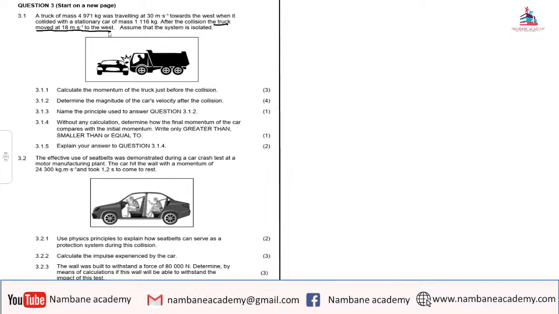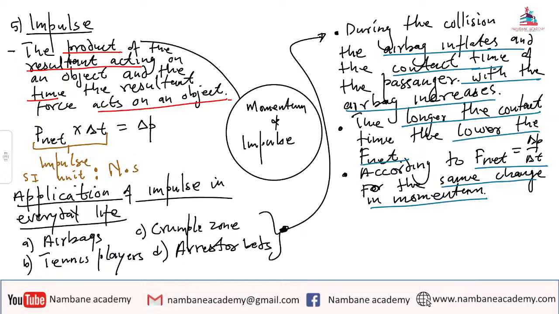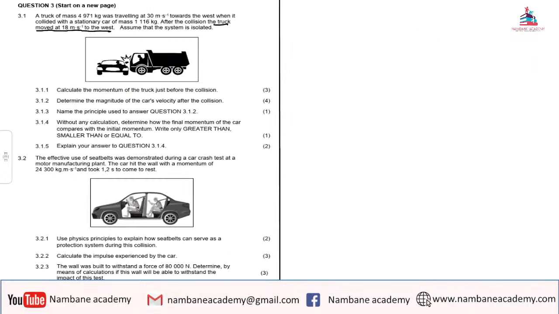Now, ladies and gentlemen, key critical thing: momentum is a vector quantity. It must have both magnitude and direction. So the fact that I'm being told of west, east, and things like that means I must commit and say, if this is my Cartesian plane, and I have my west and then my east, I will say my east is positive, my west must be negative.